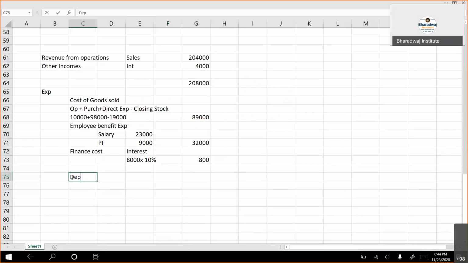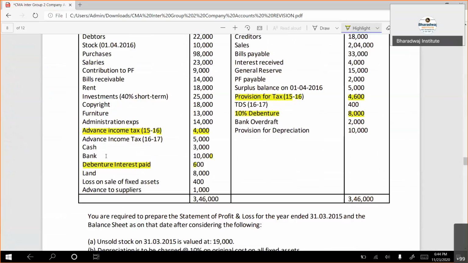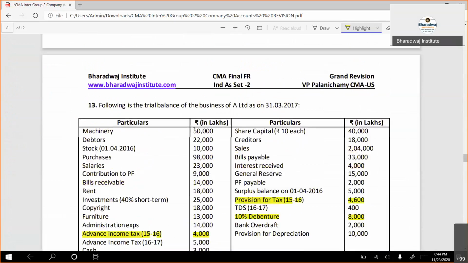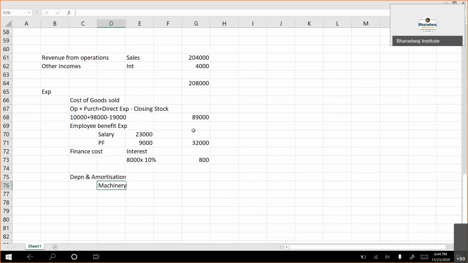Then depreciation and amortization. Depreciation on fixed assets, machinery, 50,000 into 10%, on cost of the asset 10%, 5,000.